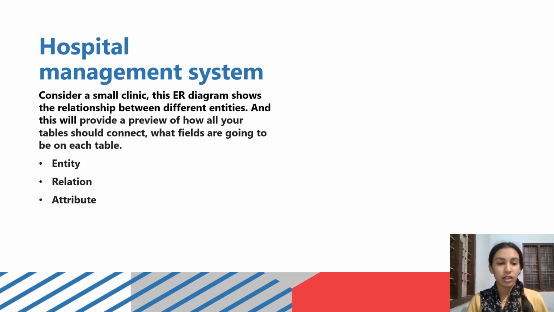And there are two relationships: between doctor and patient, which is treats. That means the doctor treats the patient, and corresponding to that, the patient pays for the medicine. So there are two relationships and three entities, and each entity has three or more attributes, like name, place, or something like that. So this is the general idea of the hospital management system.